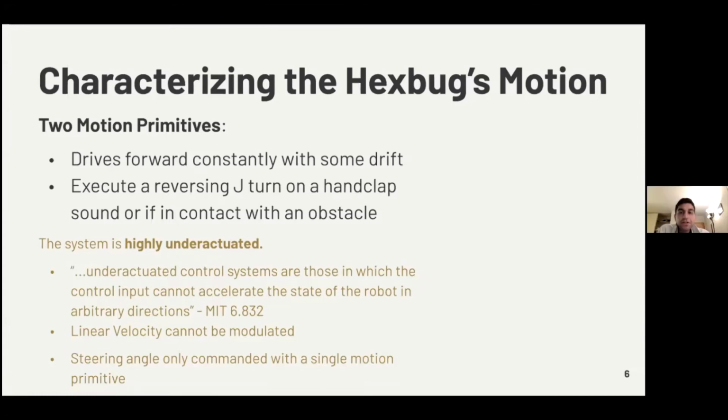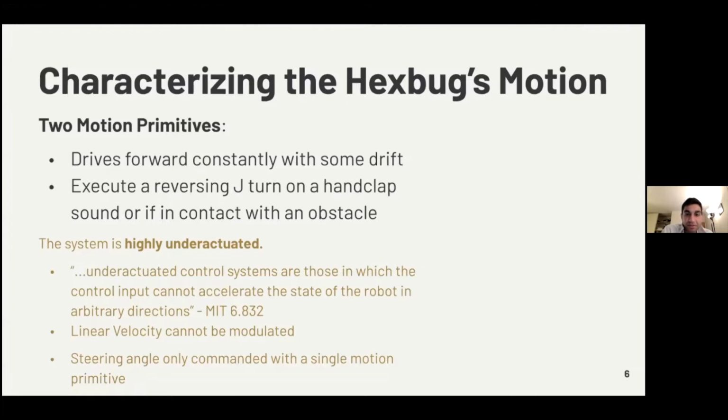So to characterize the motion of the hexbug, we can think of it as using two motion primitives. The first motion primitive is to drive forward at some constant velocity. Note that this so-called driving forward is actually slightly imperfect in that the robot will tend to drift as it goes forward.